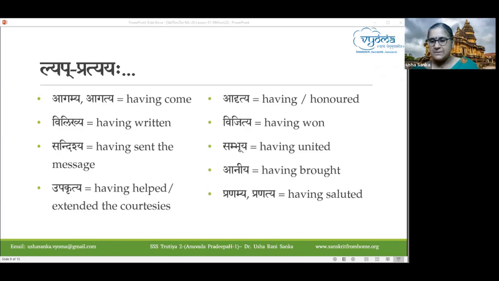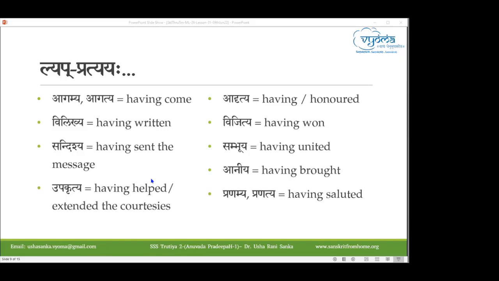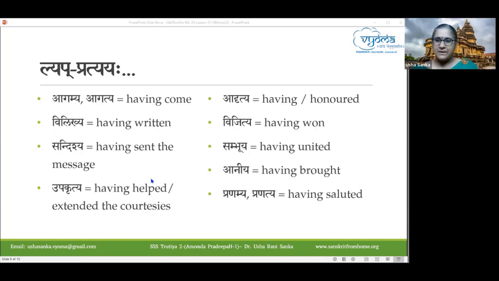Okay. So Subramanyam ji, please answer. Pranamya, Pranatya. Subramanyam Shivaswami ji. Pranamya, Pranatya. What happened? Please tell. What is the dhatu there? What is the upasarga?